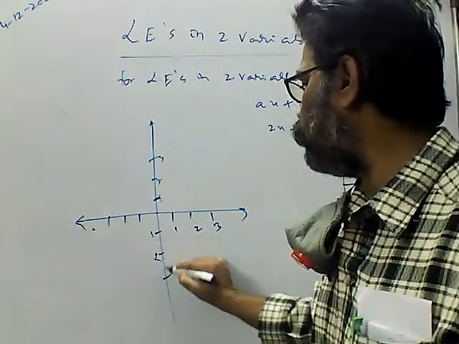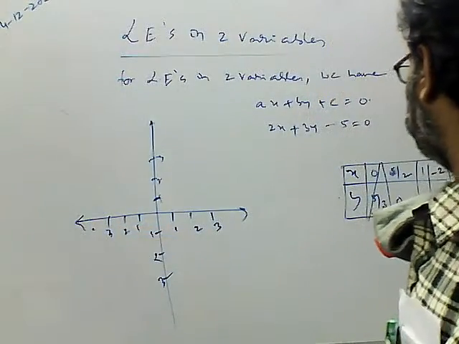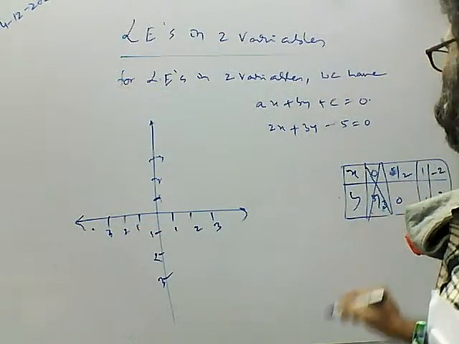Now minus 1, minus 2, minus 3, 1, 2, 3. Now this value is not to be taken because it's not a perfect value.